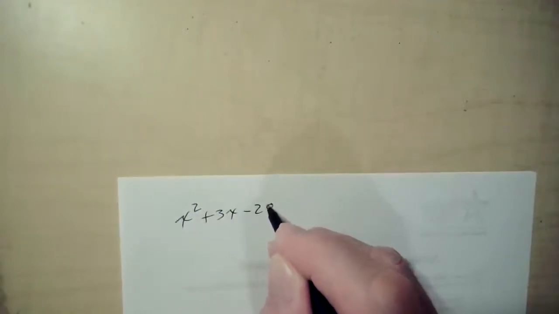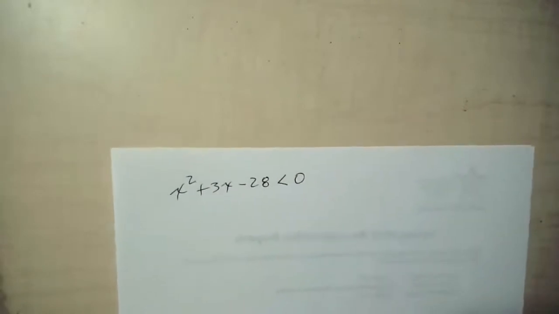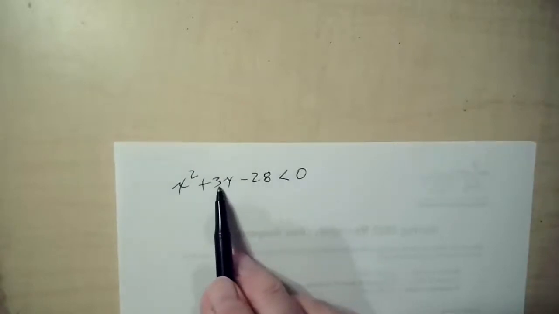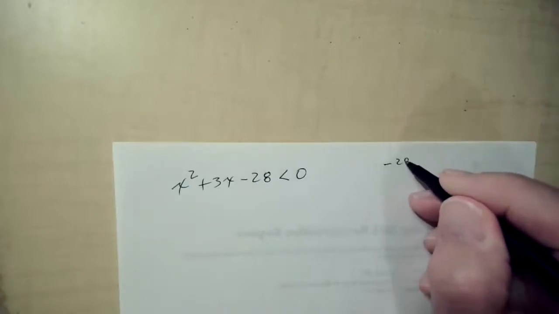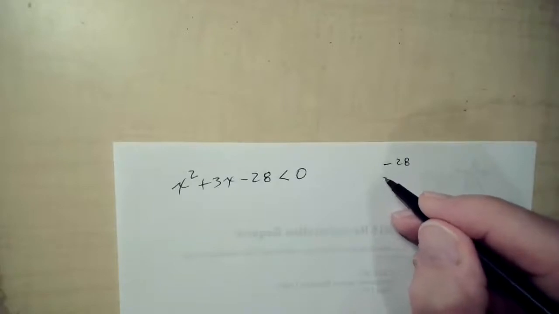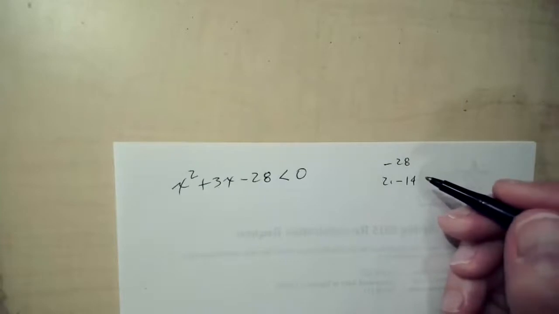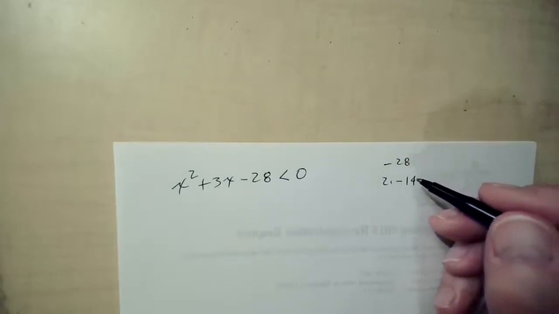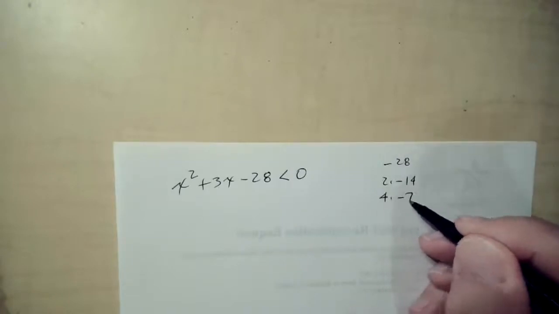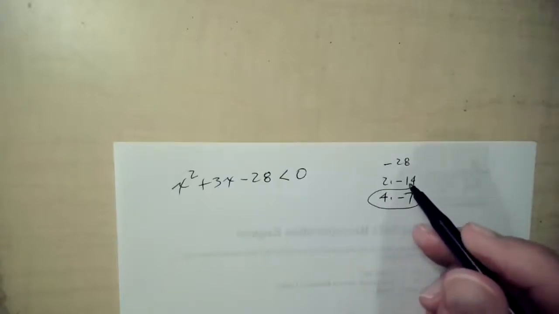X squared plus 3x minus 28 less than 0. So we want the factors of -28 that combine together to give us 3. -28, let's see, 2 times -14, no, 3, 4, 4 times -7, is that right?